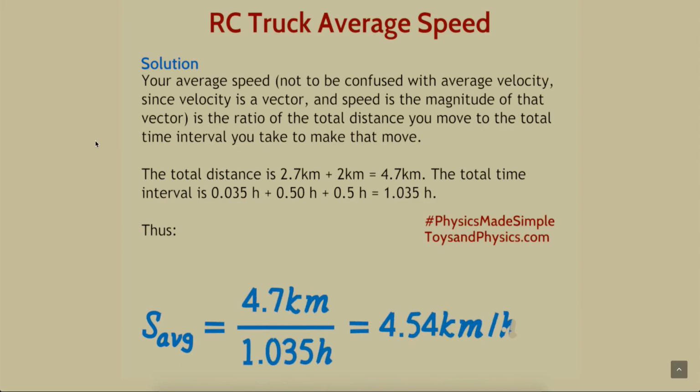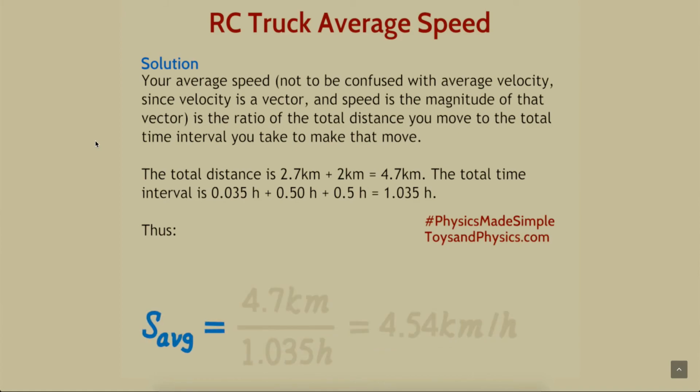Speed and velocity are different things. Velocity is a vector quantity. Speed is just a scalar, just a number, the magnitude of that velocity vector.